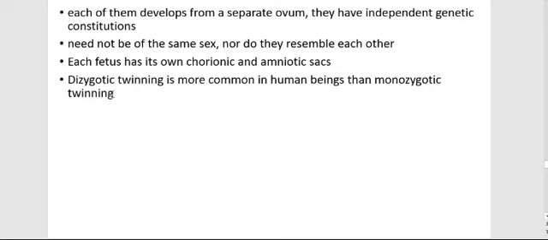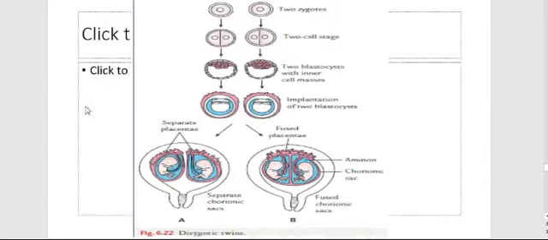These are the dizygotic twins, and they are more common in human beings than the monozygotic twins. So you can see 2 zygotes fertilized by 2 different sperms, and as they progress, each has its own amniotic sac and chorionic sac, which is the placenta, lying in its own amniotic cavity.